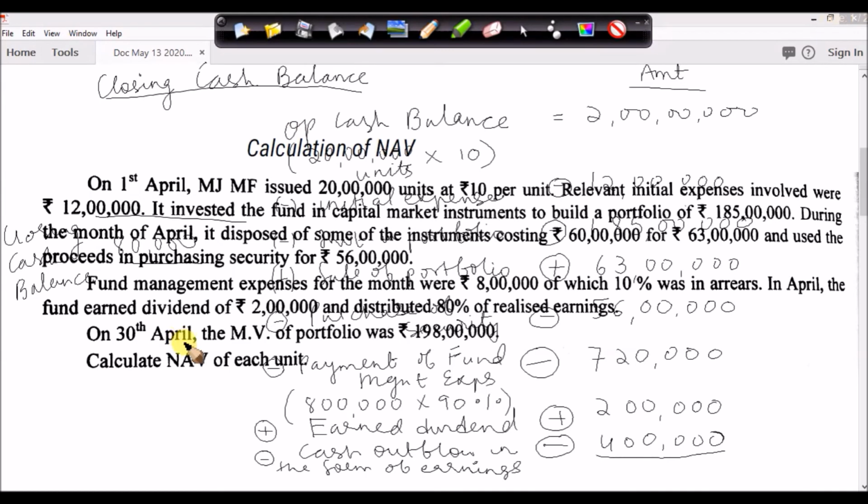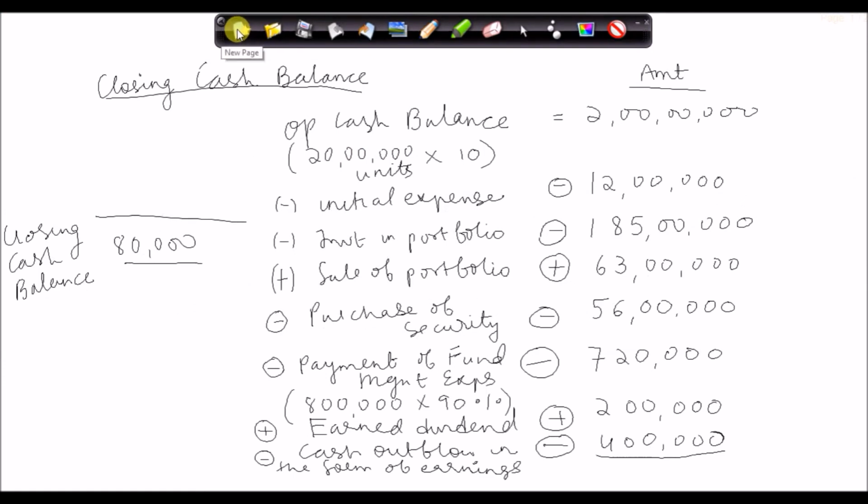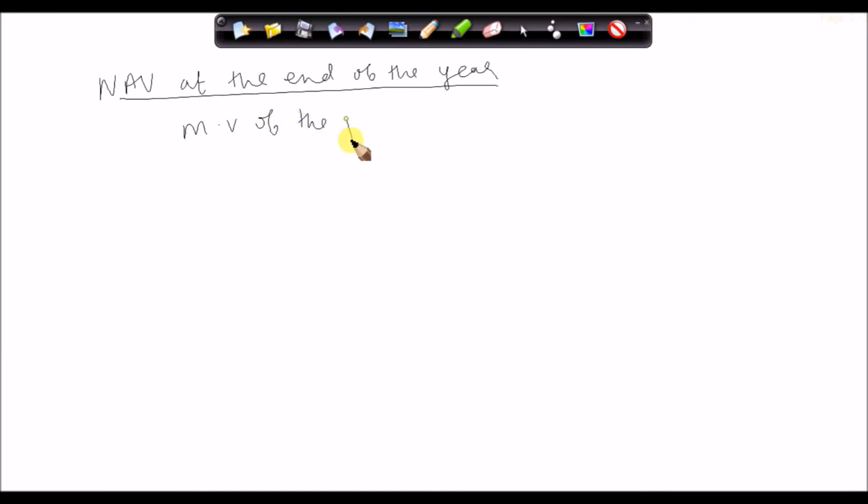Now friends, on 30th April the market portfolio is 1 crore 98 lakhs. So now the sum is almost over. We can calculate the net asset value at the end of the year. At the end of the year, they have given us the market value of the portfolio, so we don't need to find anything.